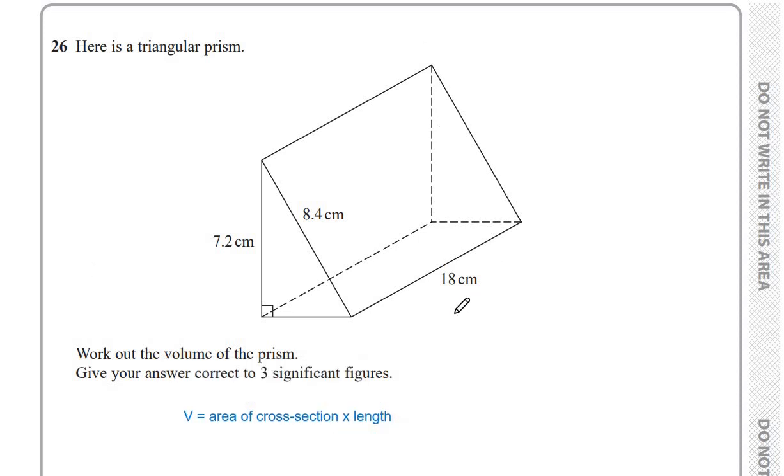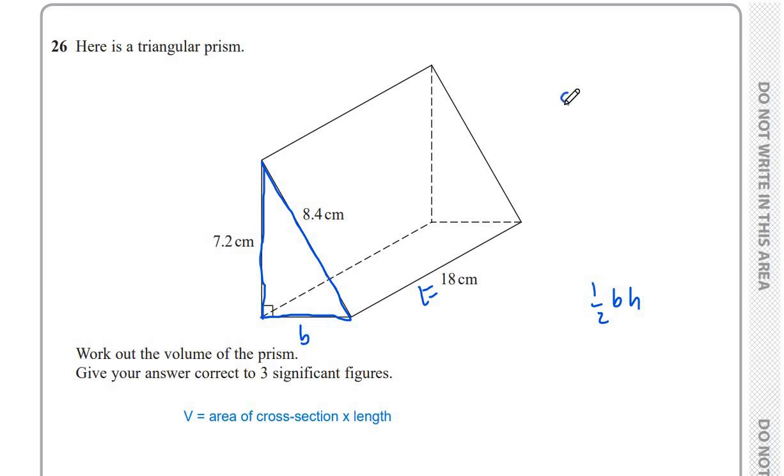Now we can see the length is 18, that's the length, and so the area of the cross section is going to be this triangle right here. This is a right angle triangle. So if we can find the base and do half base times height, that will give us the area of our cross section. Now we can use the Pythagoras theorem, and we'll be able to figure out the length of the base of this triangle.